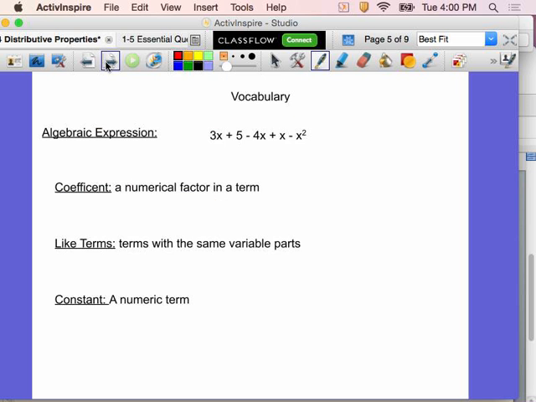Okay. An algebraic expression, of course, is anything with numbers, letters, and operations. These should be reviewed here. Coefficient is a numerical factor in a term.